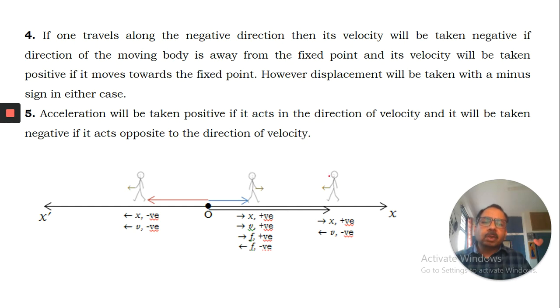If the body is moving in this direction, its displacement is still positive and v is taken negative, and the acceleration is positive or negative depending upon whether acceleration is along the direction of v or it opposes v. Similarly here, the body's displacement is negative if it's going on this side, the velocity is negative, and if it goes in this side, then v will be taken as positive.